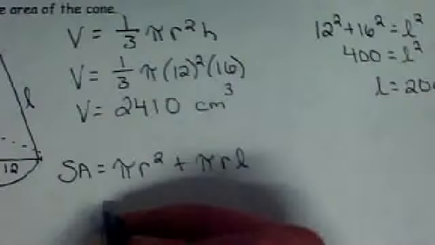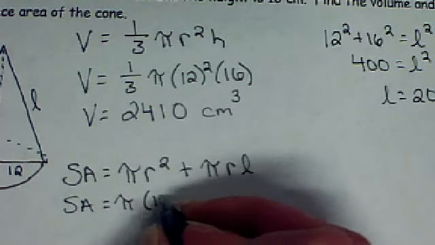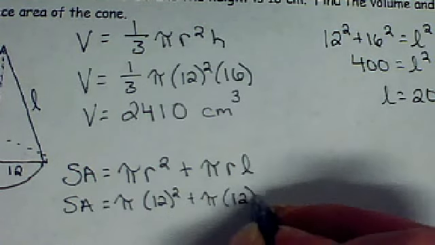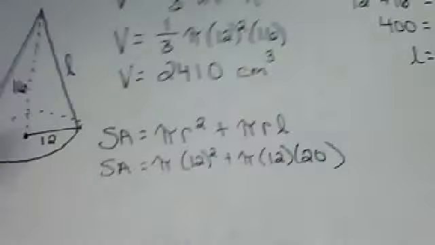Now all we have to do is plug into the surface area formula. The radius was 12. So everywhere I see R, I'm going to plug in 12. Everywhere I see L, I'm going to plug in 20. And then I'm going to plug it all into the calculator.